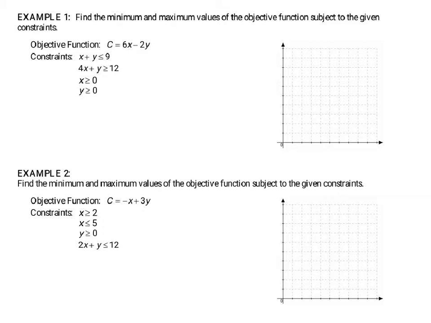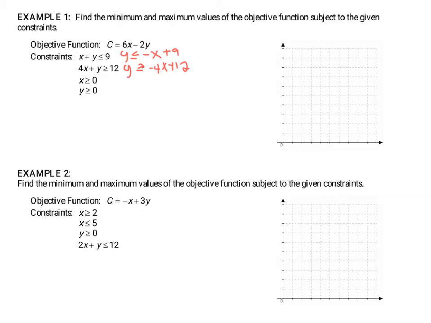So the first thing that we need to do is take the constraints, solve them for y, and then graph them on the grid to the right. So the first one here would become y is less than or equal to negative x plus 9. The second one would become y is greater than or equal to negative 4x plus 12. And the bottom two are horizontal and vertical lines.